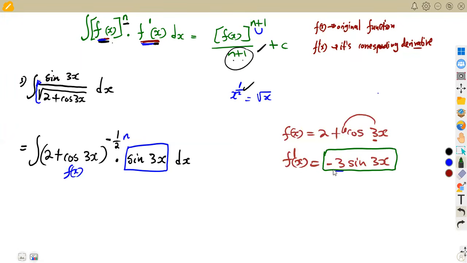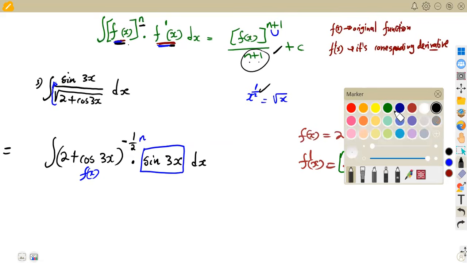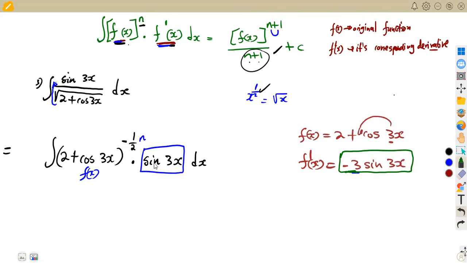So what do we do? We affect this part. What we do not have is negative 3. So to obtain negative 3 here, we are simply going to multiply by negative 3 over negative 3. That's the whole concept, guys, here. Like I said, we are going to multiply by what we want to have here, which is negative 3 over negative 3.